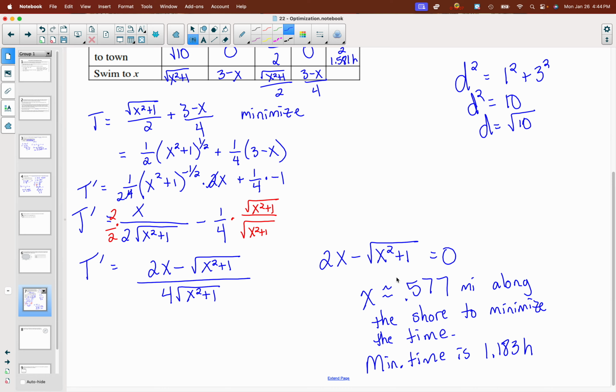And I suppose we should also verify that this is a minimum and not a maximum, because sometimes that can happen. Often the min or the max might occur on an endpoint. That doesn't apply here. But it's always a good idea to verify that it is a min. So I think I'm going to stop here and you'll have some practice problems to do.